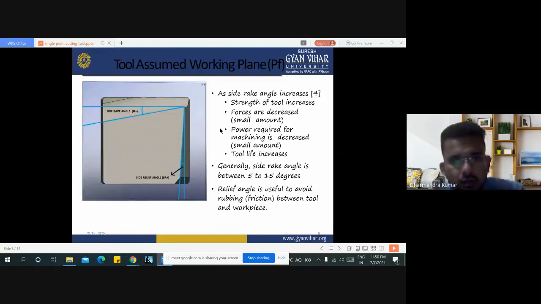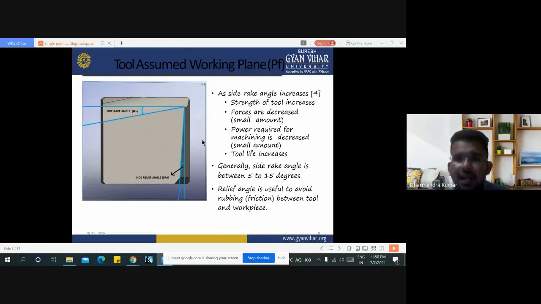This is the representation of the side rake angle and the side relief angle. As the side rake angle increases, the strength of the tool increases. Some amount of forces are decreased. The power required for machining is decreased during the operation by the side rake angle.